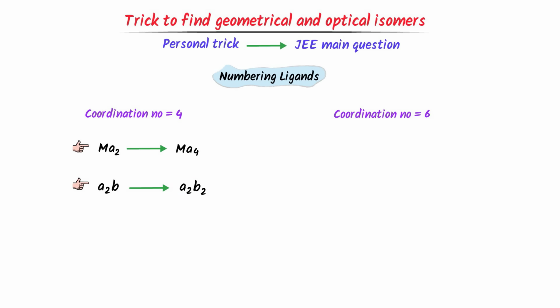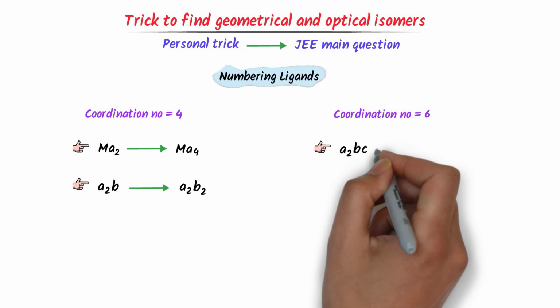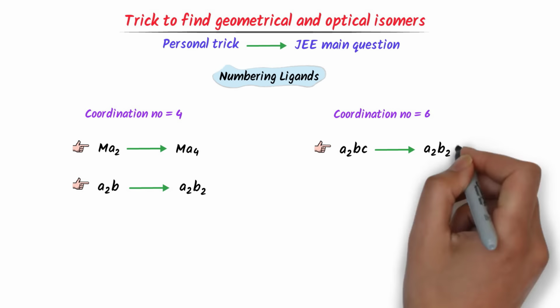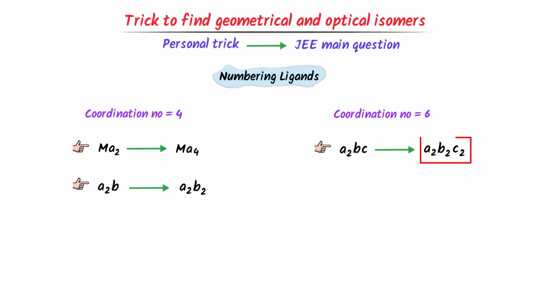In the second case, let's consider this example. Here there are 2 ligands of A, 1 ligand of B and 1 ligand of C. I write A2, B2, C2. 2 plus 2 plus 2 is equal to 6. There are a total of 6 ligands. Hence, it is the correct way of writing ligands.